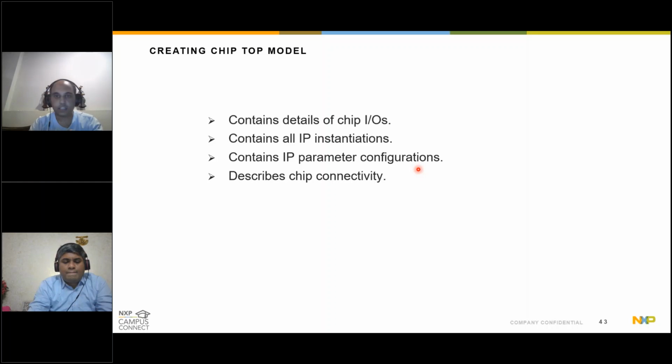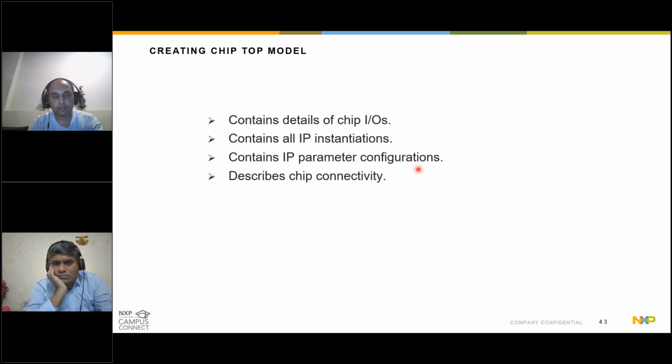But a given SOC may not really need all the functionality, and if it uses all of it, then the gates needed to realize it are too many. So the IP will provide enough parameterization, so that the person who is building the end SOC can enable those parameters and customize that IP as per his application.